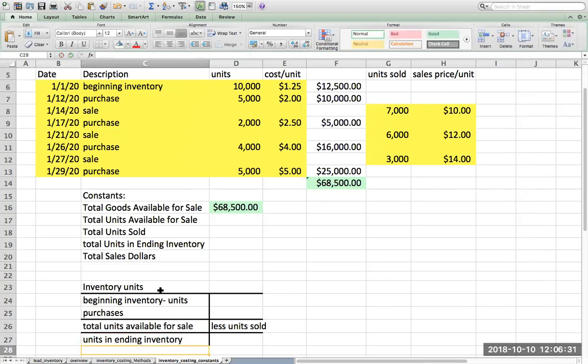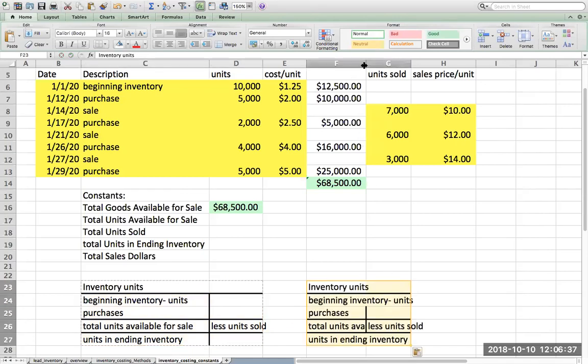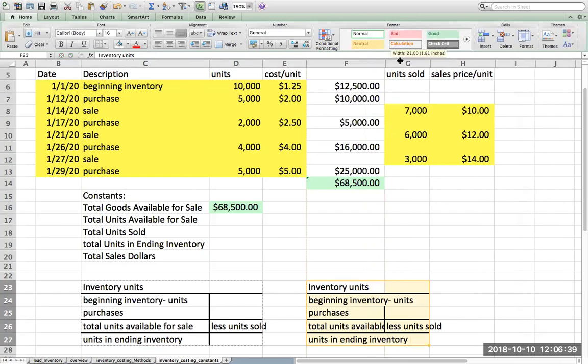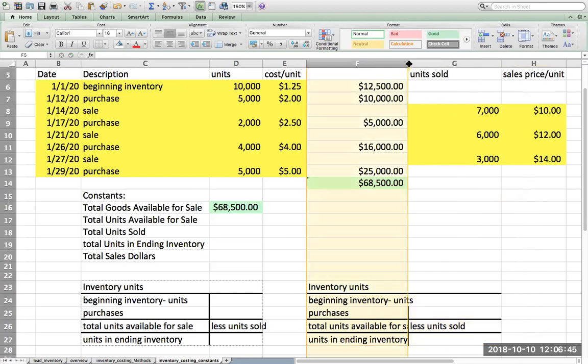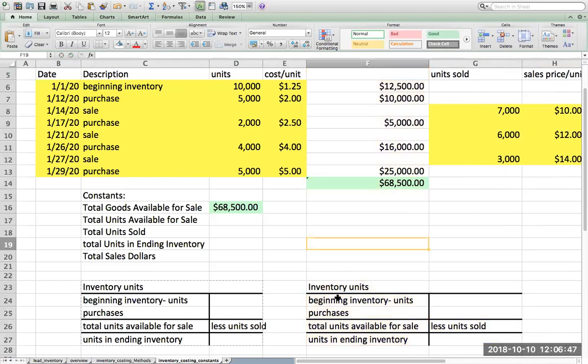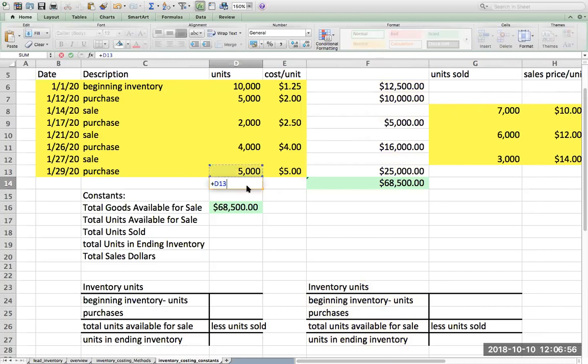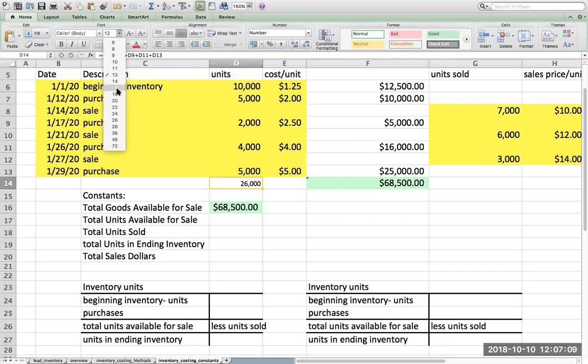So when I look at this problem, my total units available for sale will be the 10,000 from my beginning inventory, plus 5,000, plus 2,000, plus 4,000, plus 5,000, for a total of 26,000.